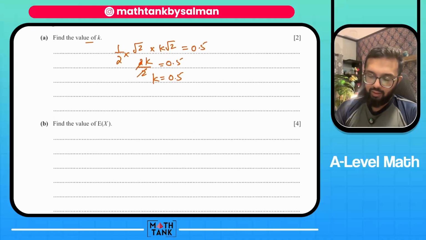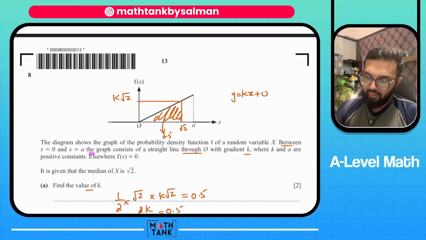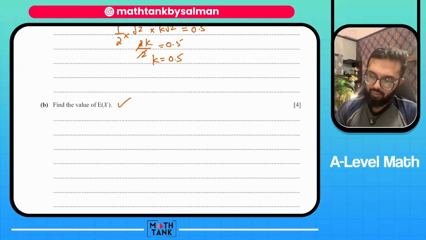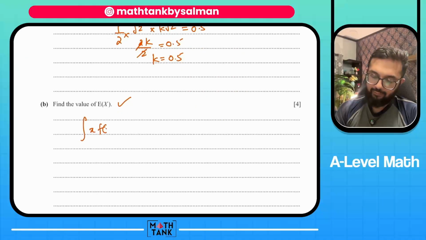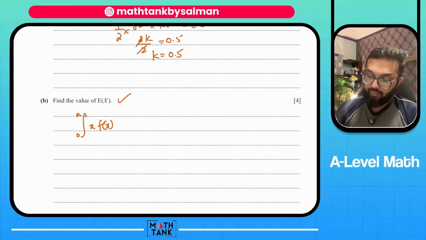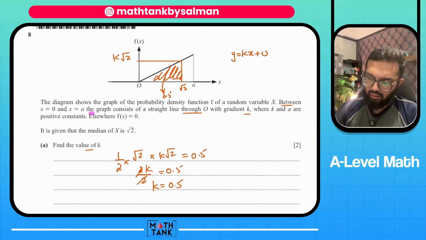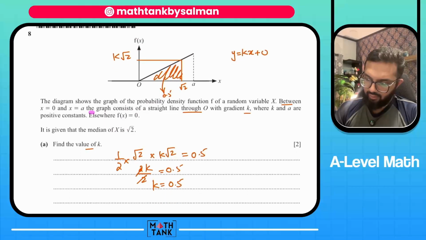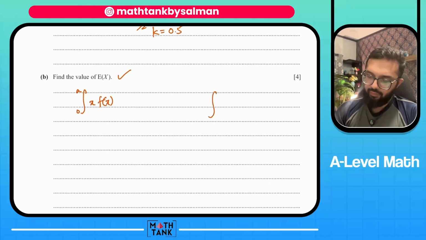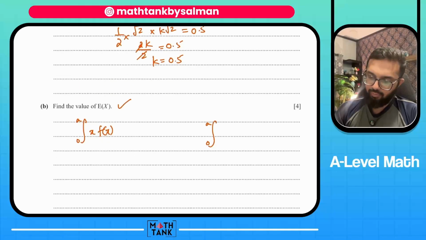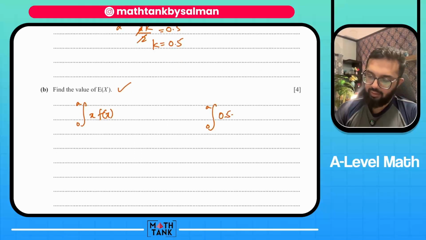Okay. Find the expected value of x. The expected value of x can be found by integrating x f of x from 0 to a. It has to be not in terms of a, I think. I will be able to find a in a bit. Let's do that first, because I can integrate from 0 to a the function 0.5x and say that it equals 1.